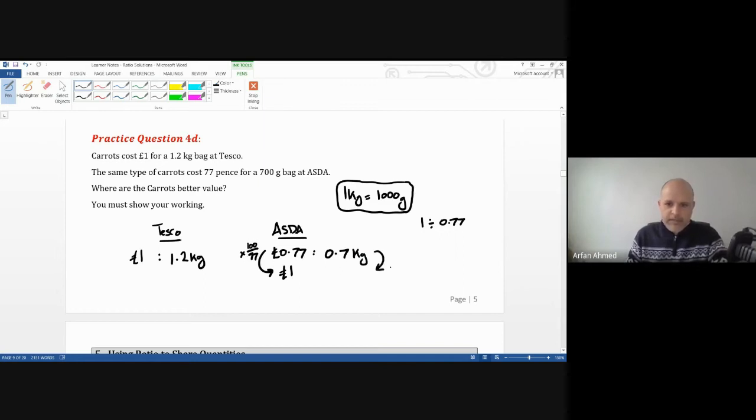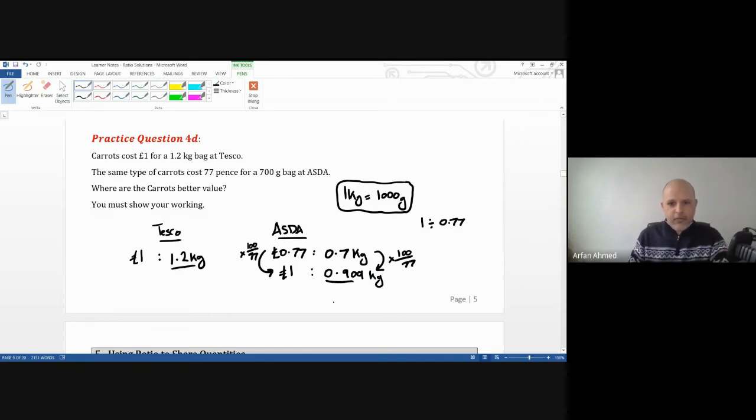So you're gonna have to do the same to this side as well, times by 100 over 77. Let's do that. So times by 0.7. That gives us, as a decimal, 0.909 kilograms.